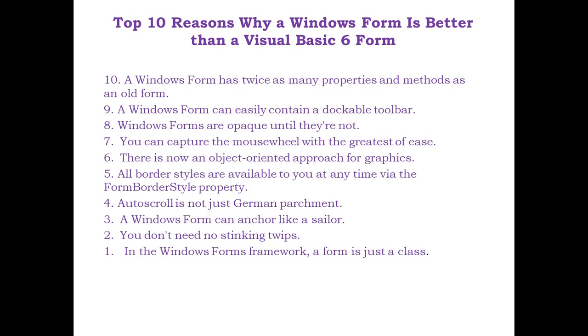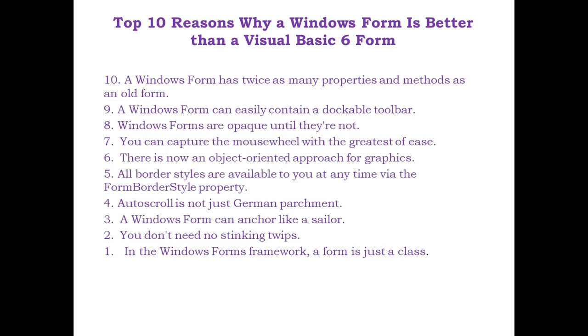The important thing is the top 10 reasons why a Windows form is better than Visual Basic 6 forms, in reverse order. Tenth, a Windows form has twice as many properties and methods as an old form. Ninth, a Windows form can easily contain a dockable toolbar.